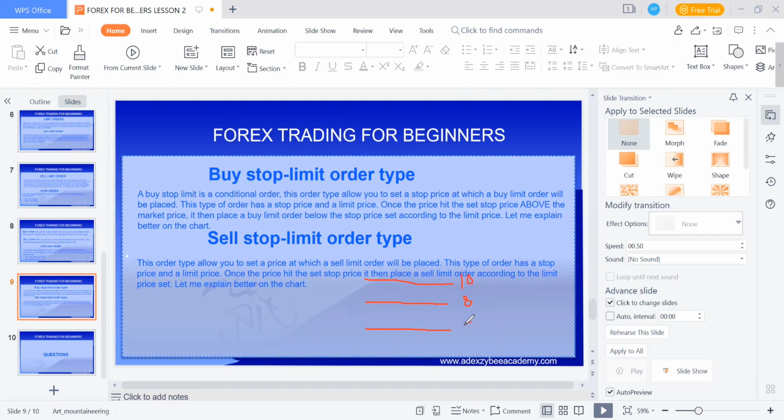All of them are in dollars, right? Now let's say there is another one here, which is $4. Now, price is currently at $4. That's the price of whatever it is you are trading.